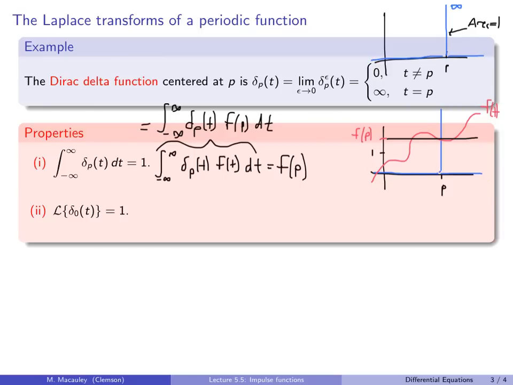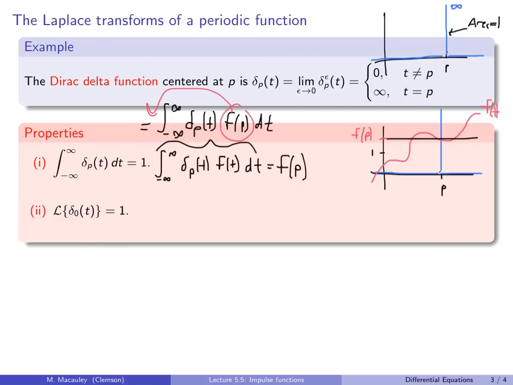So you might as well just be multiplying the delta function times the constant function, in which case you can pull the constant out of the integral and write this as f of p times this thing right here.